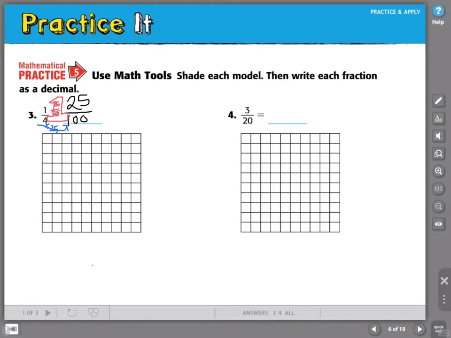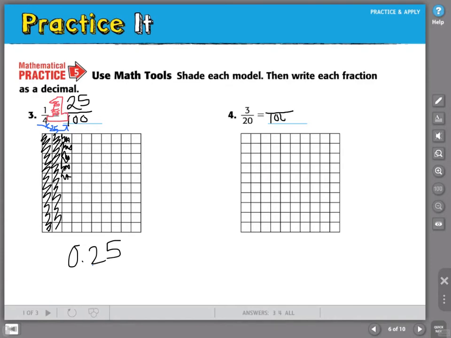So 1/4 is the same as 25 hundredths. That would be 10 hundredths, 20 hundredths, 1, 2, 3, 4, 5. 25 hundredths.